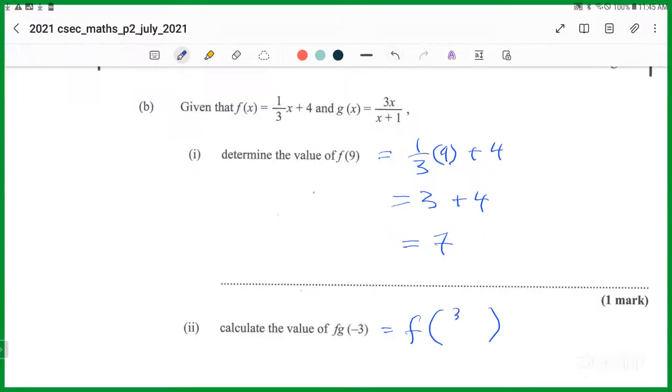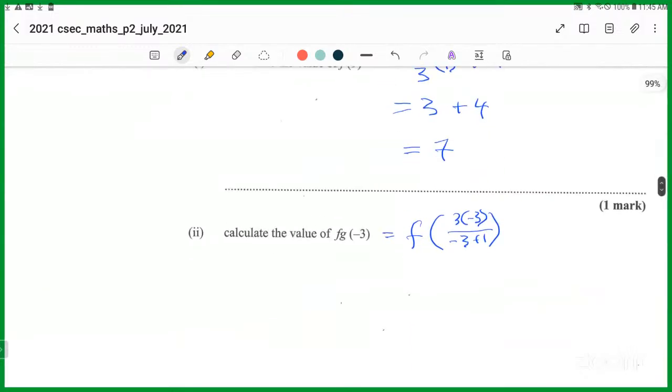You're going to get 3 times -3 divided by -3 plus 1. So this works out to be f of -9 over -2. So it becomes f of 9/2, the negatives cancel.